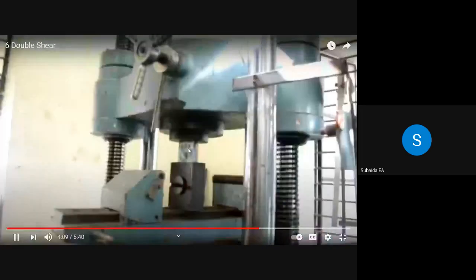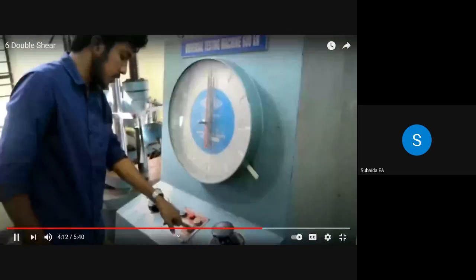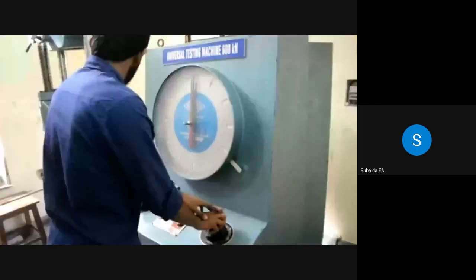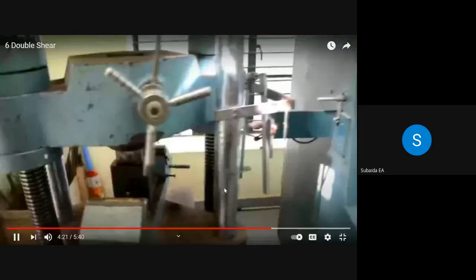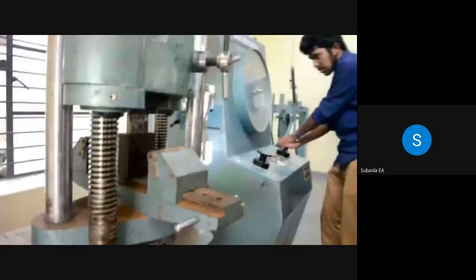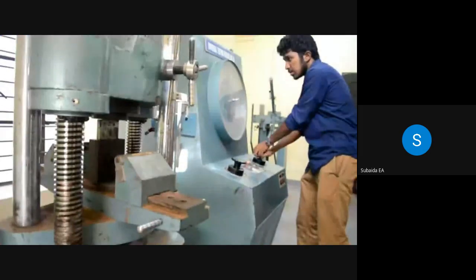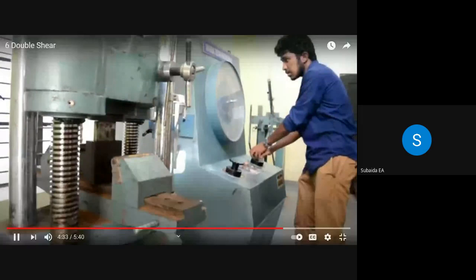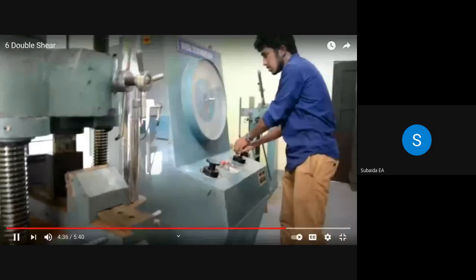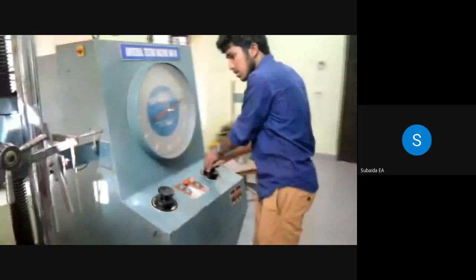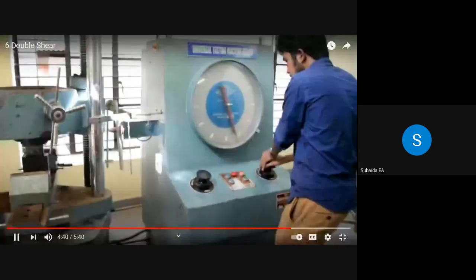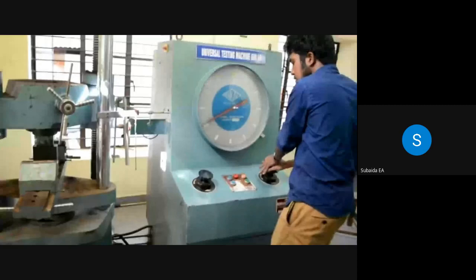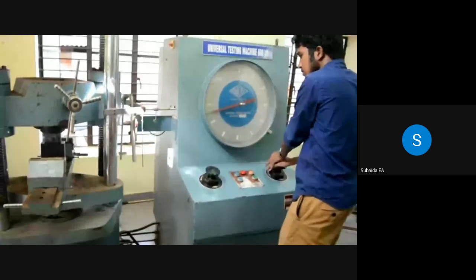Now we switch on the machine and slowly release the control. Now the specimen has failed.